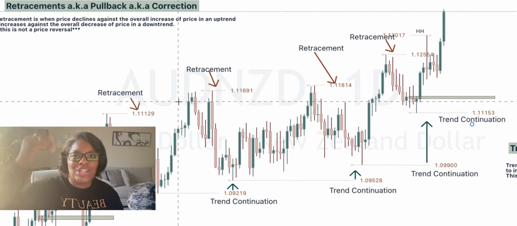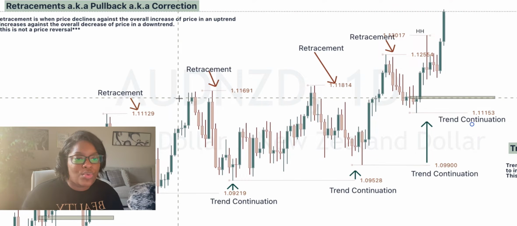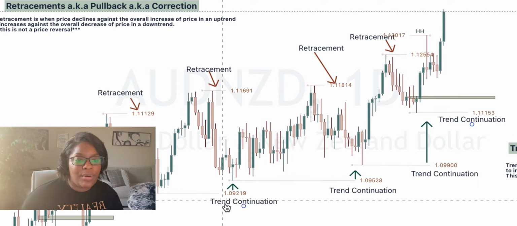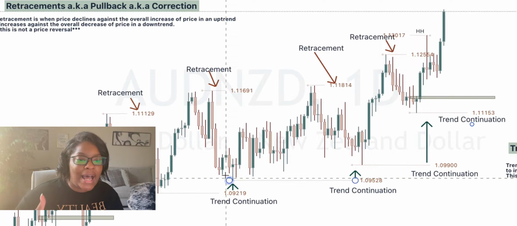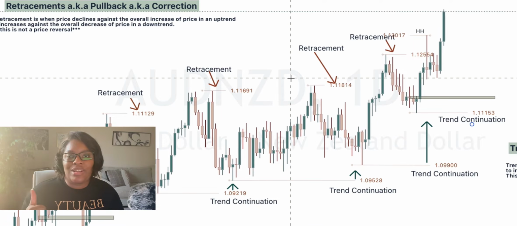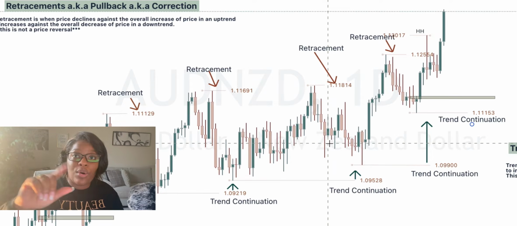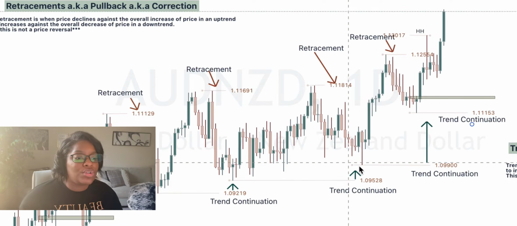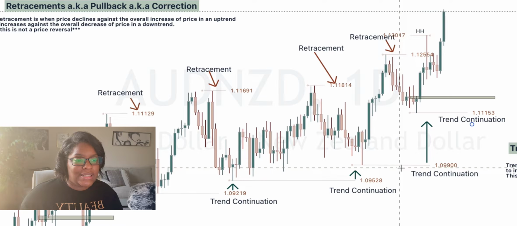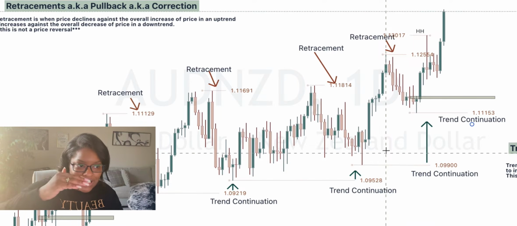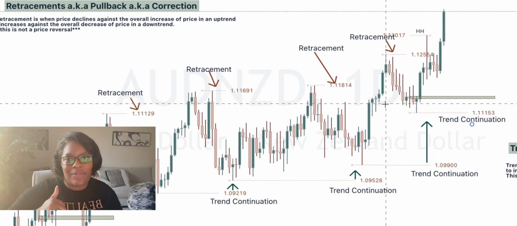We see price went back in trend continuation cycle up to 1.11691, pulled back, staying above 1.09219, went back into trend continuation up to 1.11814, pulled back or retraced back down to 1.09900, but then stayed above 1.09528, continued back up to 1.12554. So those are the trend cycles based on an uptrend.